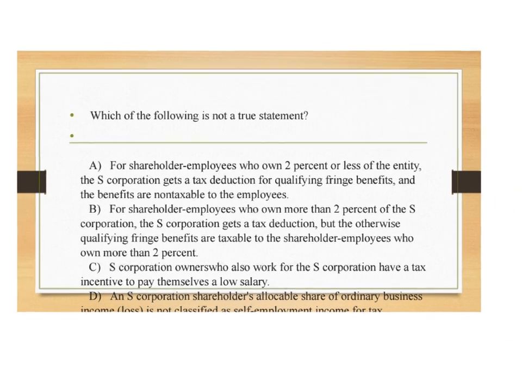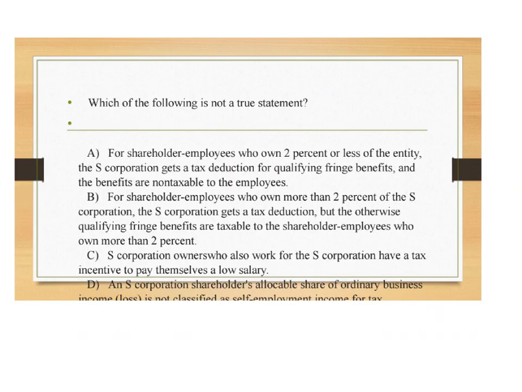All right, I didn't notice that one of our distractors got chopped off, but I can help with that. The question is, which of the following is not a true statement?